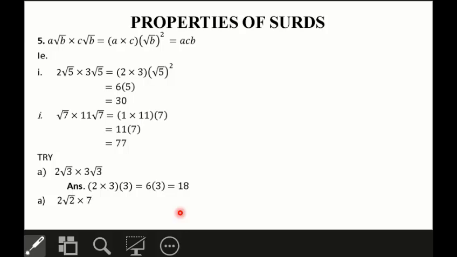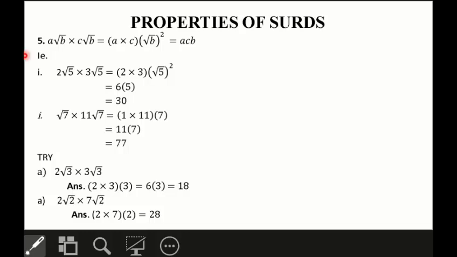The next example, 2 root 2 times 7 root 2. Let's check our answer. That's 2 times 7 times 2 equals 28. Very good. So these are the answers you are going to get.